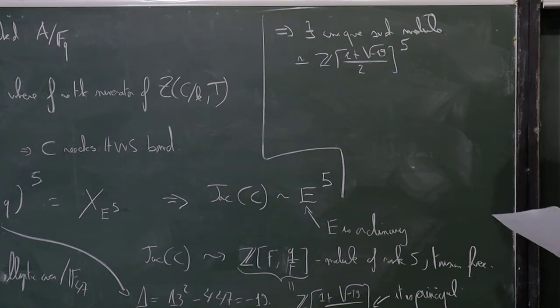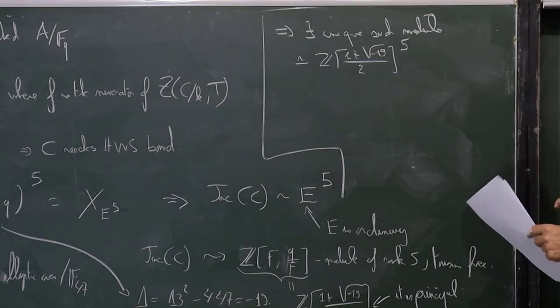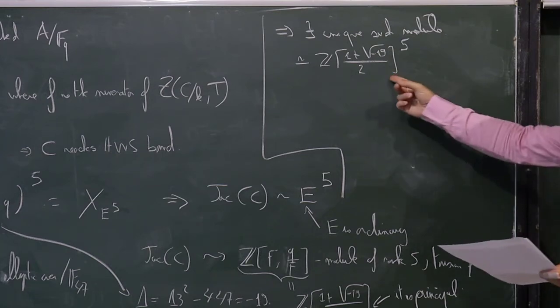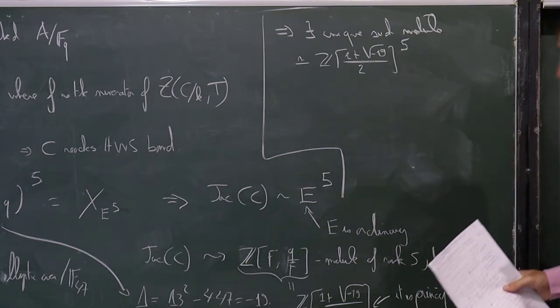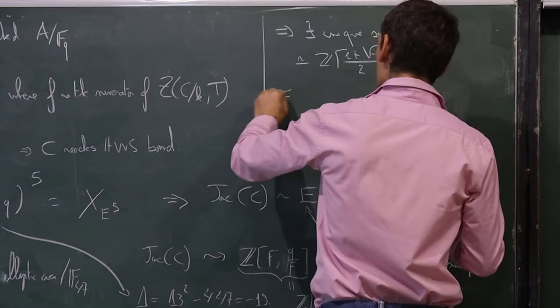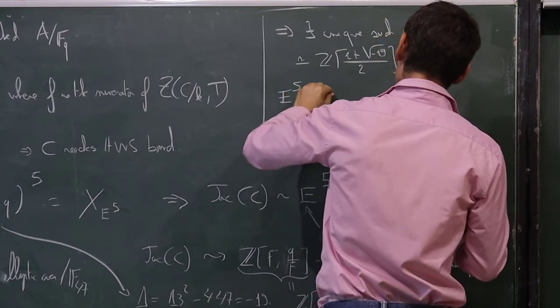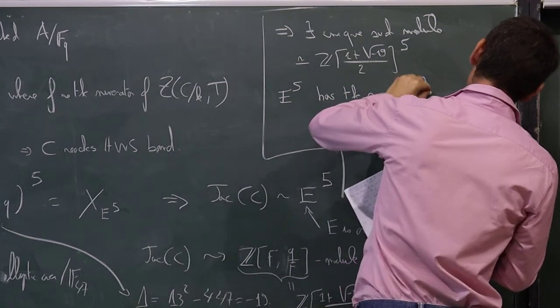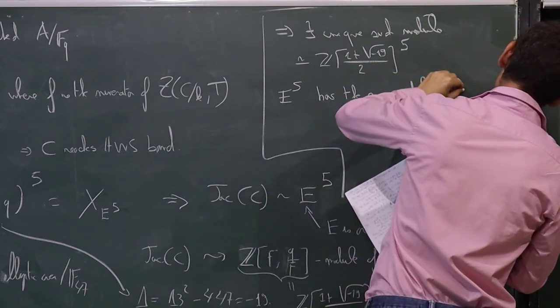Very nice. But now there is indeed an abelian variety which is going to have this module, and it is E^5. E^5 has the same module through the correspondence.